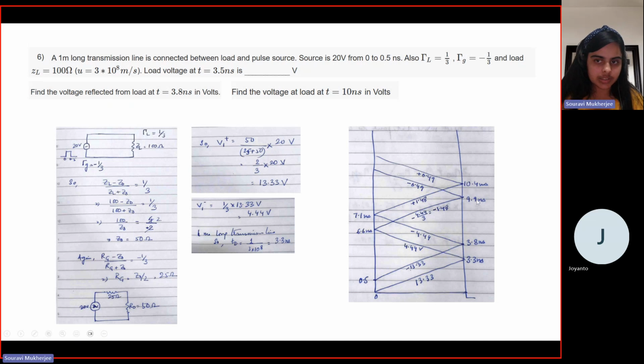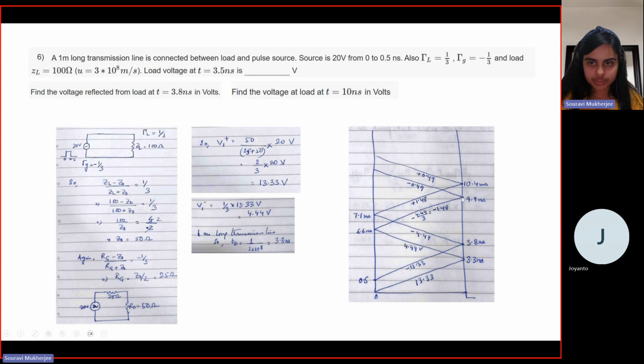Okay. Now, at the load end, once it reaches there, you know that the reflection coefficient is 1 by 3. So what gets reflected is 1/3 of what reaches here. Right? So now if it says what is the voltage at the load at t equal to 10 nanosecond, that is the sum of these two signals, right? So it is 1.48.